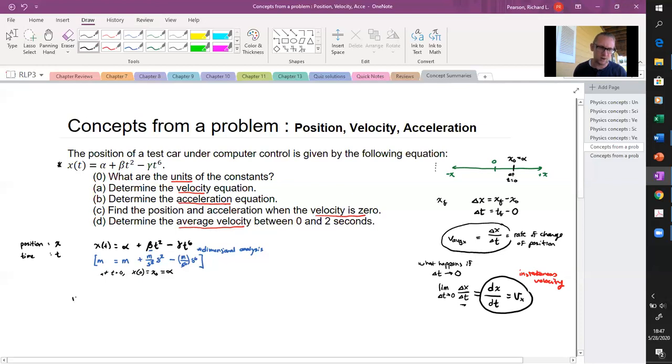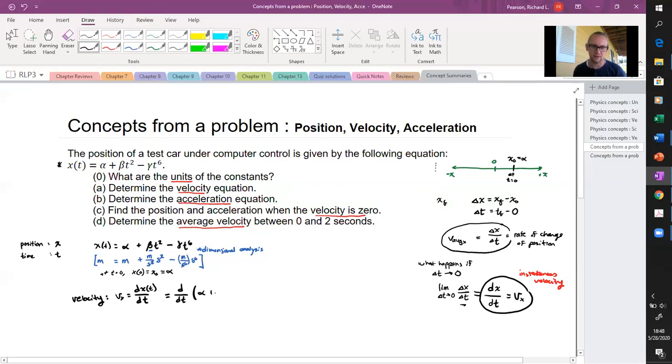So our velocity equation is defined as the derivative of x, specifically the time-dependent x equation, with respect to time. So we'll substitute that in. We'll have our d dt, and we'll substitute in our x of t equation.